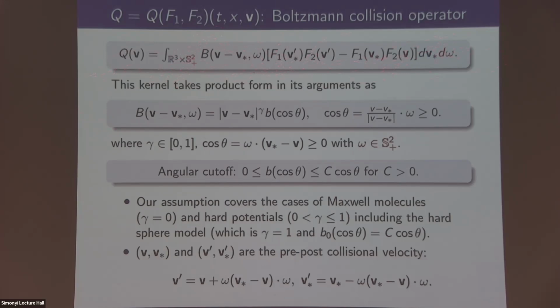Think of v star and v as the incoming velocities of two particles colliding, and the outgoing velocities are v prime star and v prime. The kernel takes this form: |v minus v star| to the gamma times b of cosine theta, where cosine theta is a unit vector in the relative velocity direction v minus v star. We assume gamma is between 0 and 1, and you can write it that way as omega in S2 also.